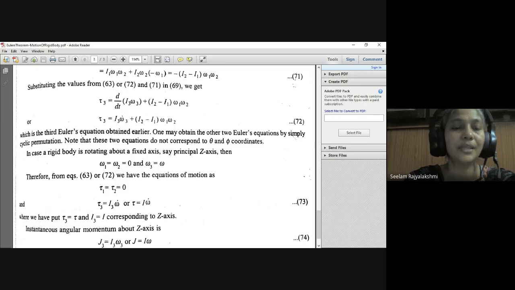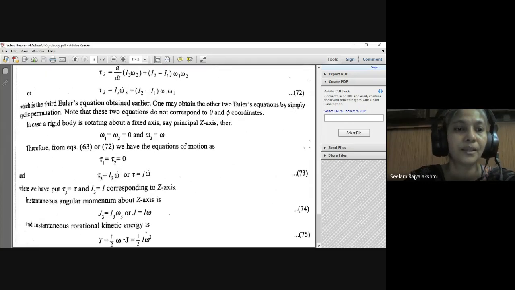Therefore, from equations 63 or 72, we have the equations of motion as tau 1 equals 0, tau 2 equals 0, and tau 3 equals I3 omega dot, or tau equals I omega dot, where we replace tau 3 as tau and I3 as I corresponding to the z-axis.